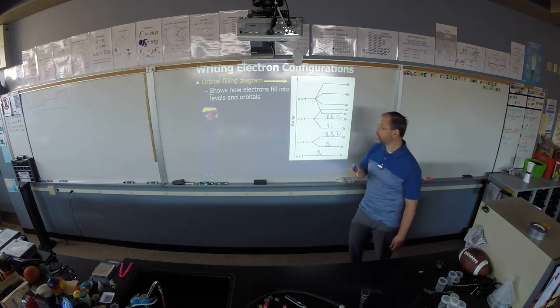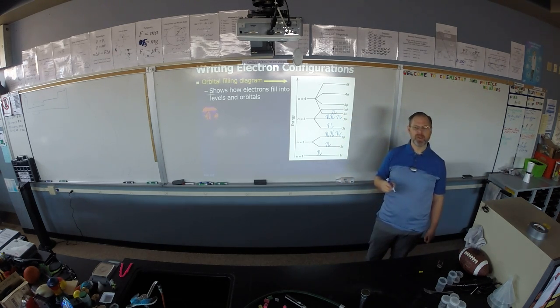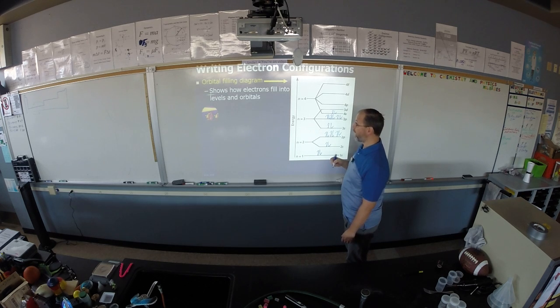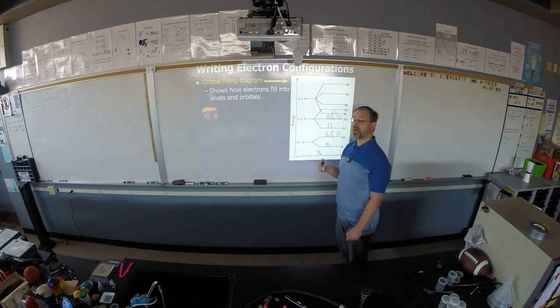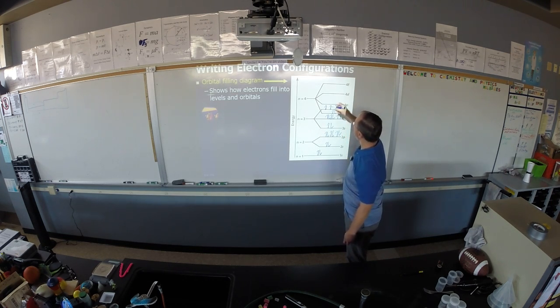And then the 4s fills, up, down, and then the 3d fills. How many orbitals are in the d? 10 electrons, and how many orbitals? 5. Up, up, up, up, up, and then down, down, down, down, down. Then the 4p does its thing, and off we go.